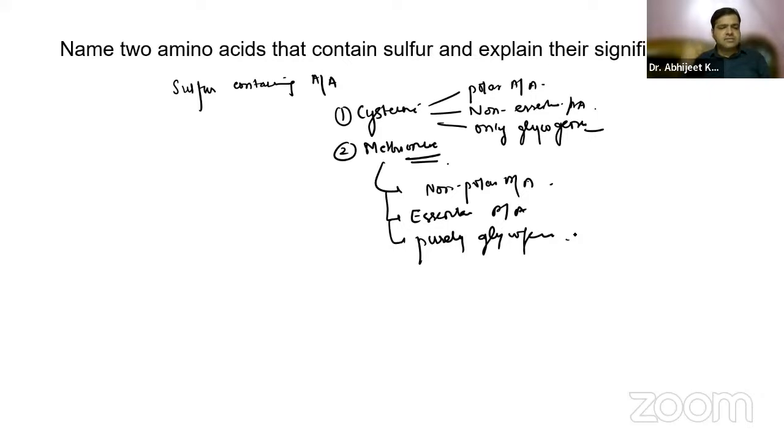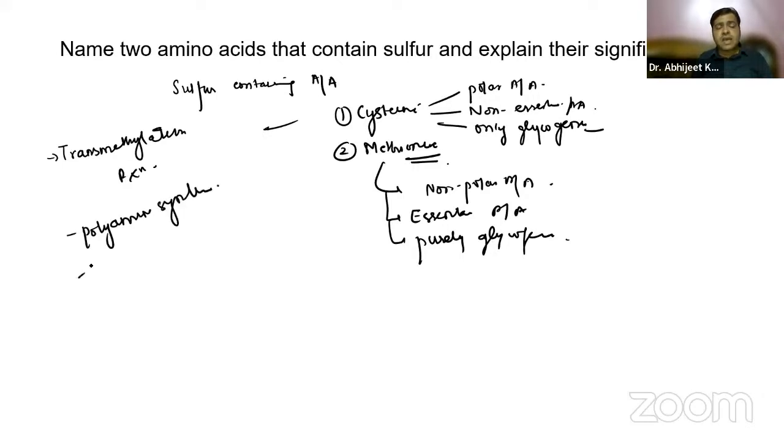Now, these are very important because we have various kinds of reactions that I will be discussing later on: the transmethylation reaction, polyamine synthesis, and DNA synthesis, as well as epigenetic modification.